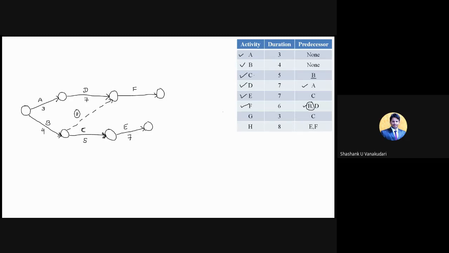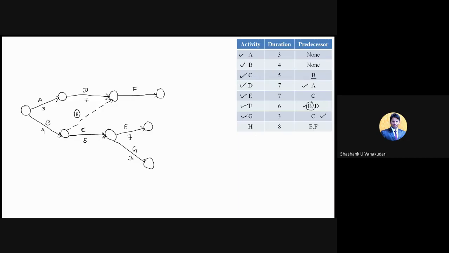Now moving on to the next activity, activity G. C is the predecessor. So activity C is here, and I am drawing this one like this. This is activity G. For this G activity, C is the predecessor. So this condition is satisfied now.